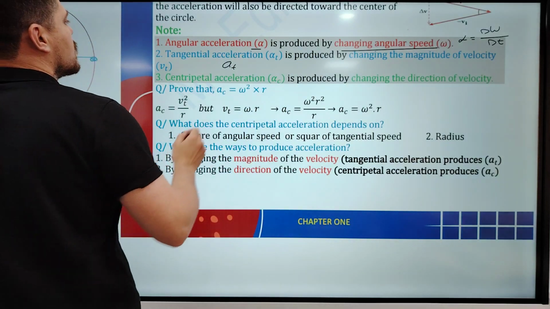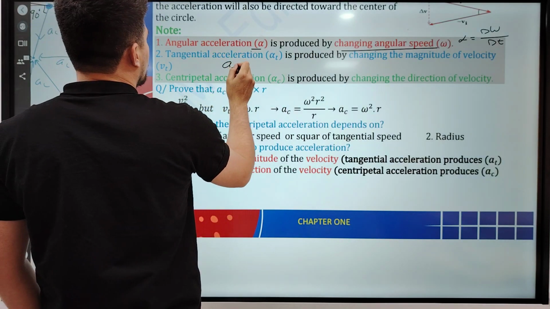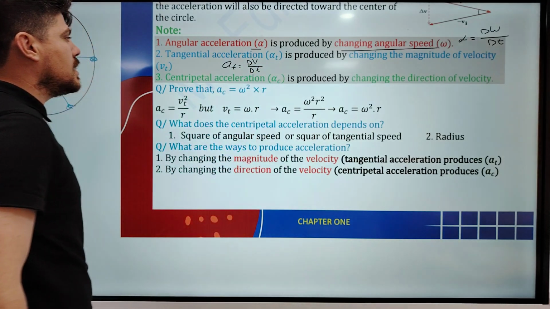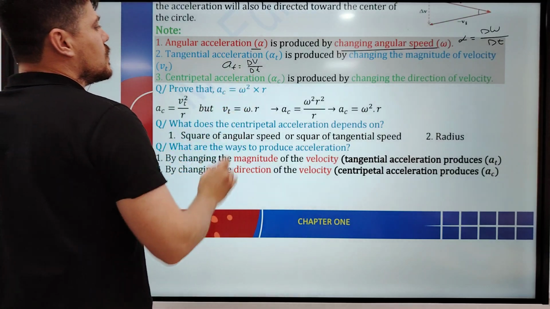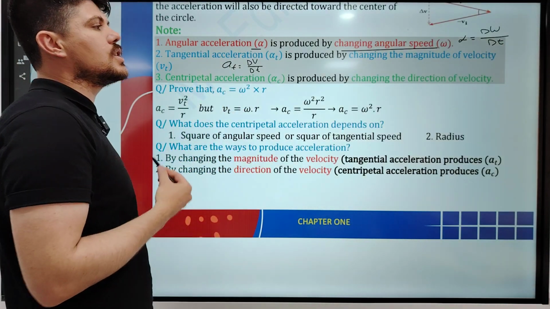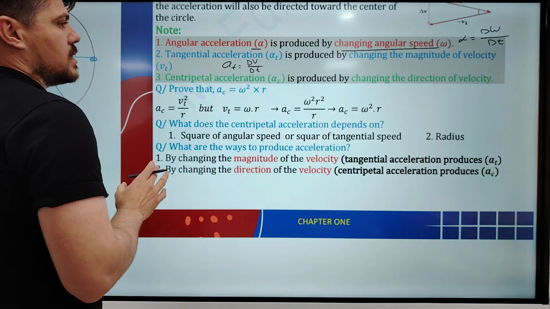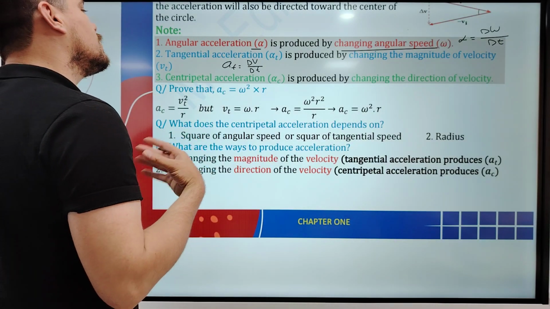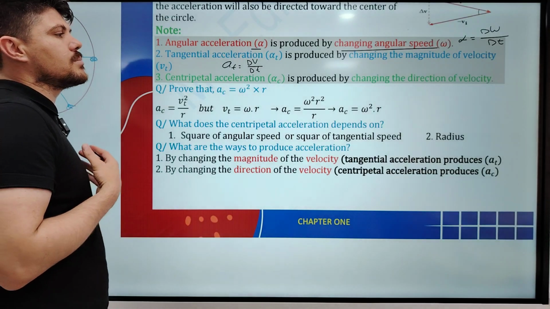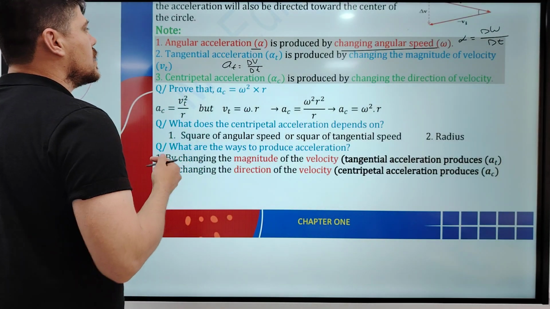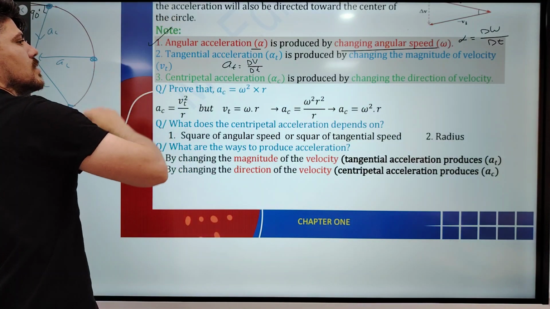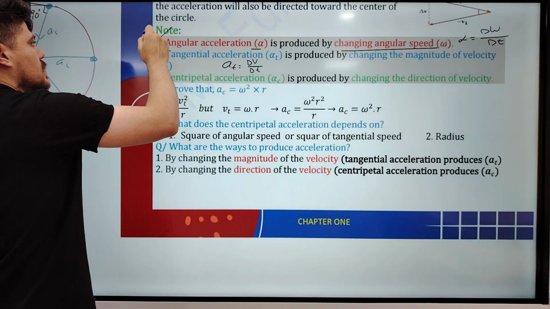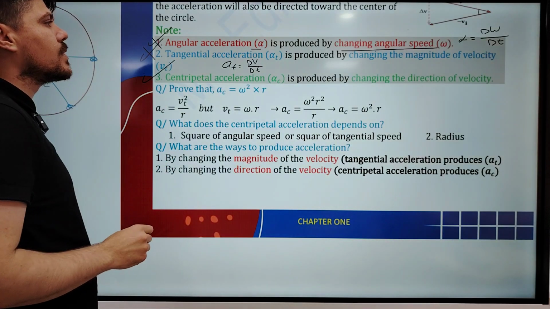The magnitude of the velocity, delta V over delta T. So centripetal acceleration AC is produced by changing the direction of the velocity. Which of the following accelerations is produced by changing the direction of the velocity? Angular acceleration? No. Tangential acceleration? No. Centripetal acceleration? Yes.